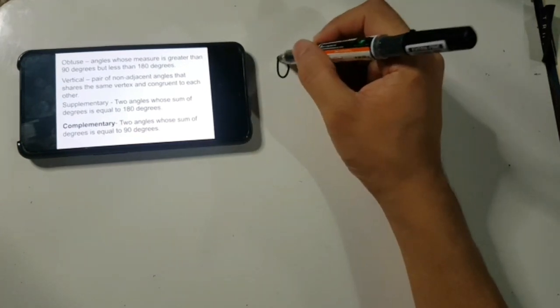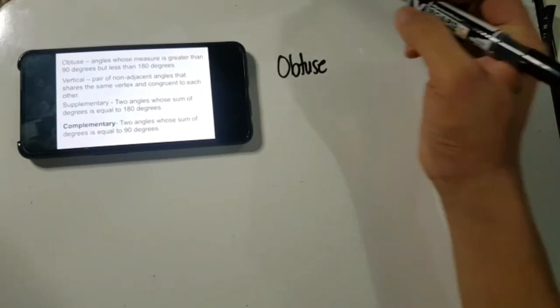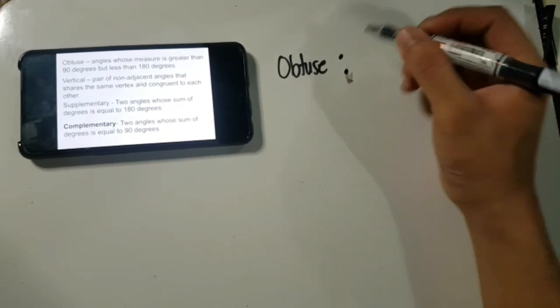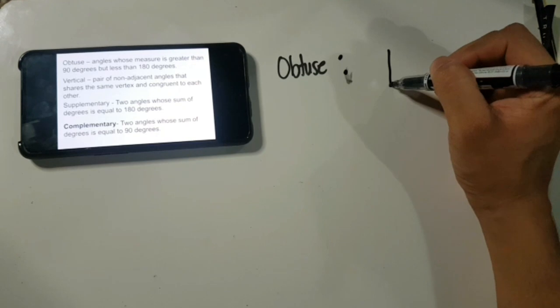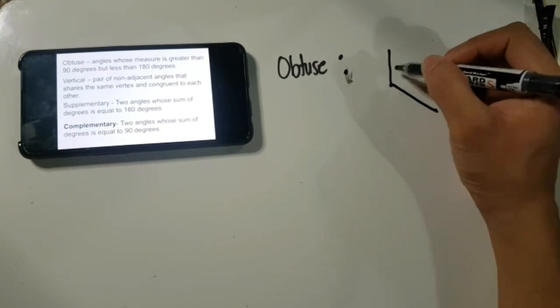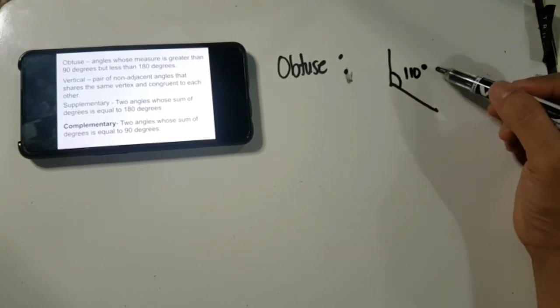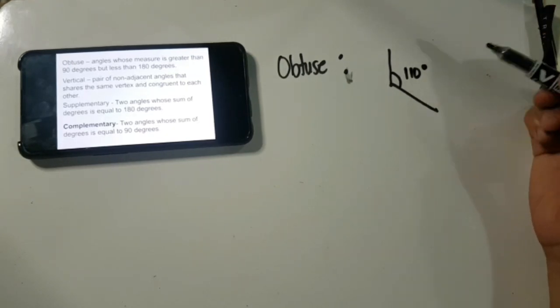So, let's have an example. Example natin, let's say 110 degrees. So, this is greater than 90 degrees but less than 180 degrees.